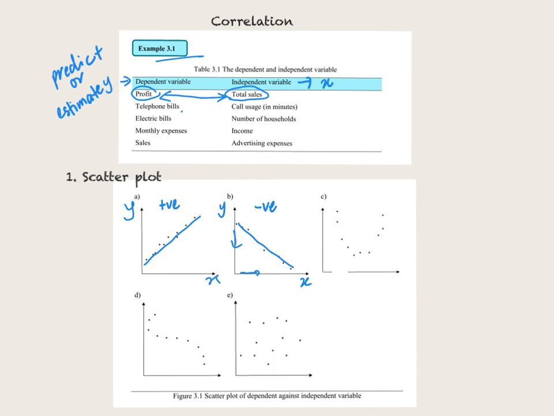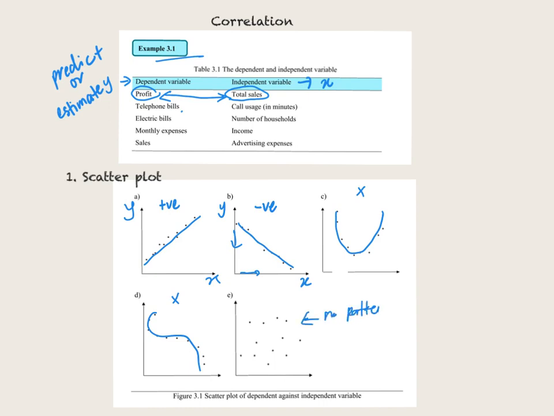For graph C, we can see the pattern is not linear. So we are not going to cover this in this chapter. And for D, the pattern is also non-linear, so we are not going to cover this in this chapter either. And the last one, there is no pattern at all.